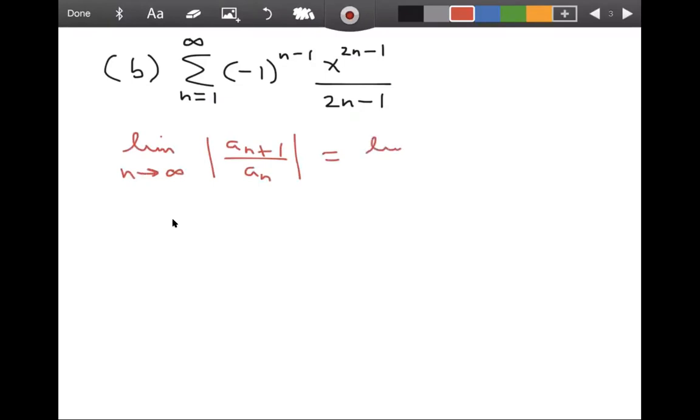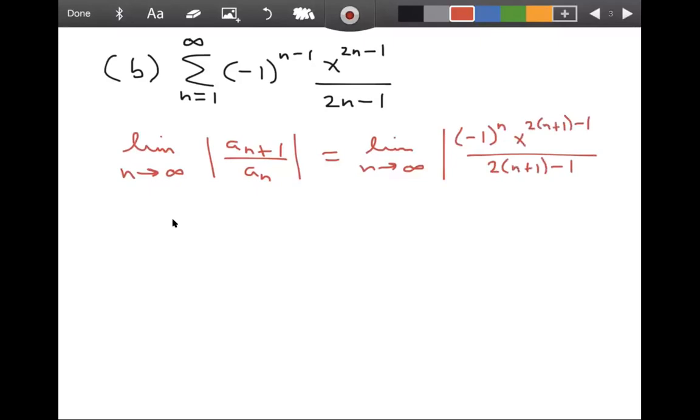All right, so a sub n plus 1 is going to be negative 1 to the power n plus 1 minus 1, which is just negative 1 to the n. Now let's do this because we really need to be careful with those two n minus 1s. Remember, we're replacing n with n plus 1. So that's going to give us x to the power 2 times n plus 1 minus 1 over 2 times n plus 1 minus 1.